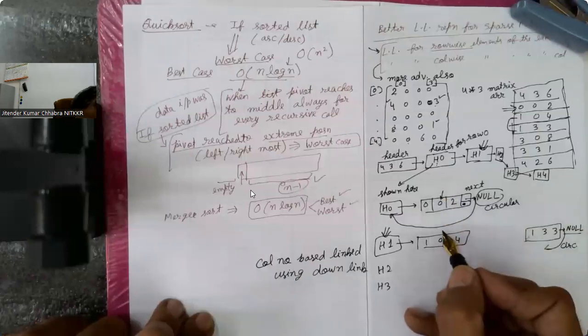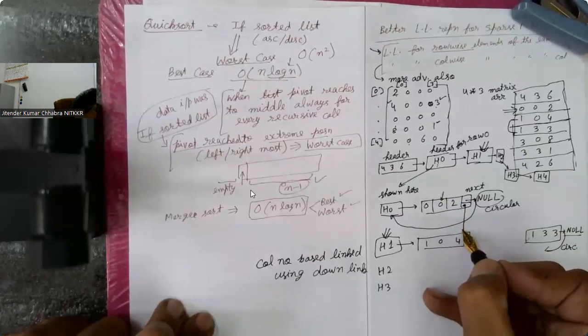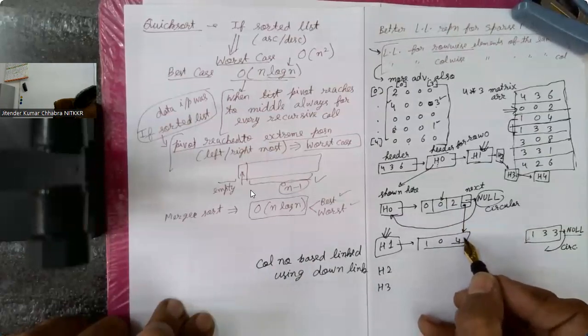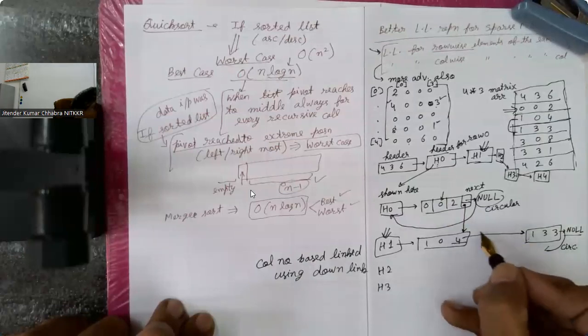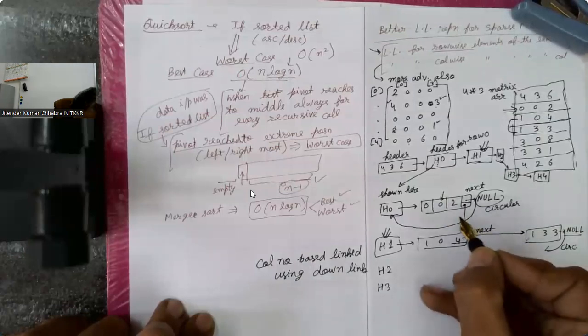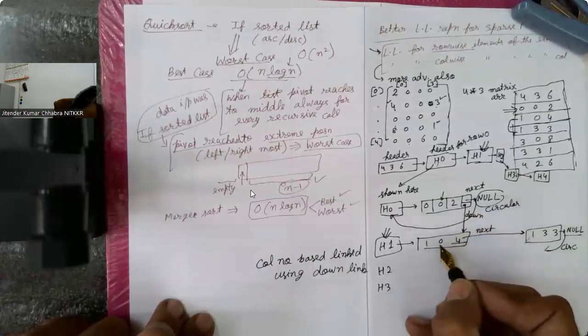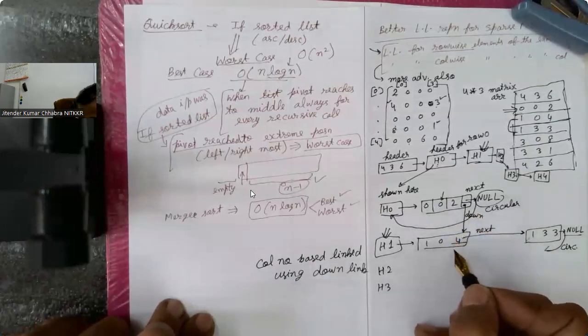For column number 0, there is another entry and this is linked. This was linked with the next pointer to this side, but with the down pointer, it is linked with the next element for column number 0.